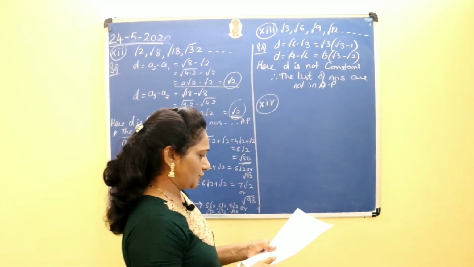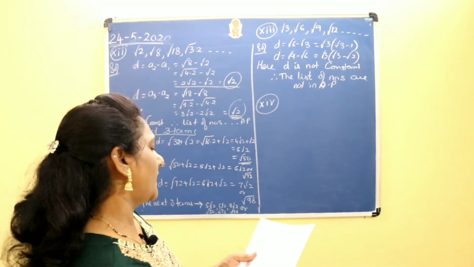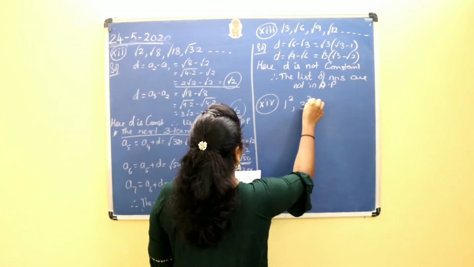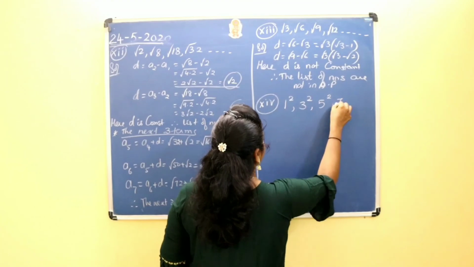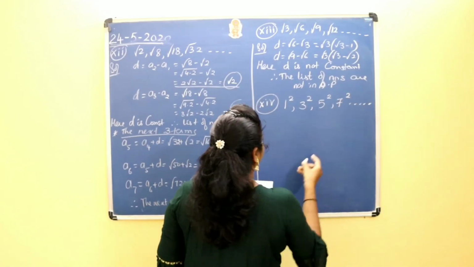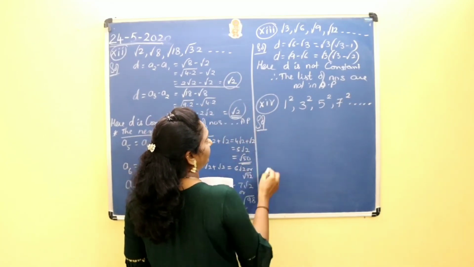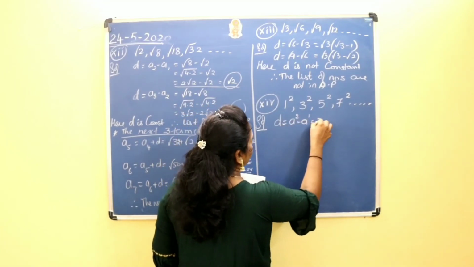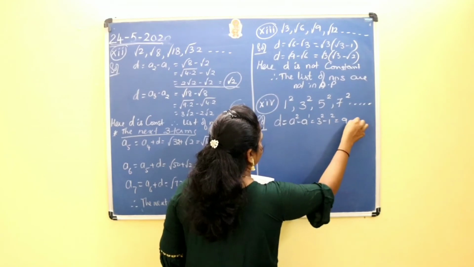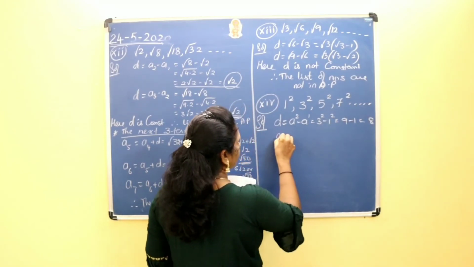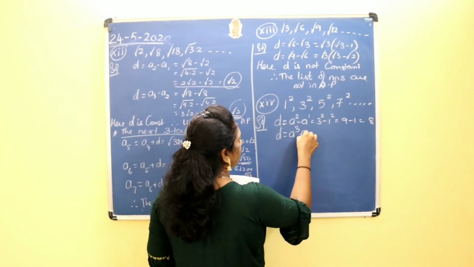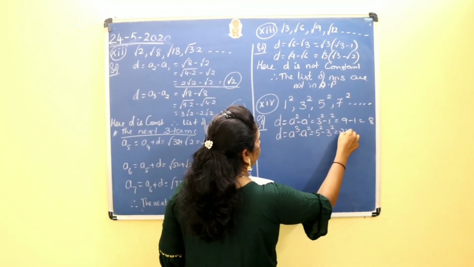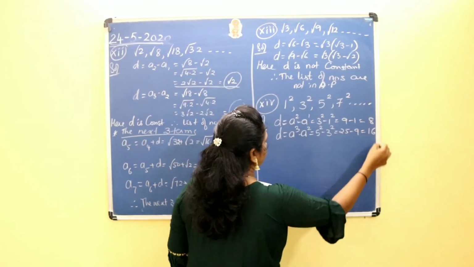Coming to the 14th question, it is 1 square, 3 square, 5 square, 7 square, and further we have the numbers. Check out whether they are in AP or not. D is equal to A2 minus A1, 3 square minus 1 square, 9 minus 1 equals 8. D is equal to A3 minus A2, 5 square minus 3 square, 25 minus 9 is 16.